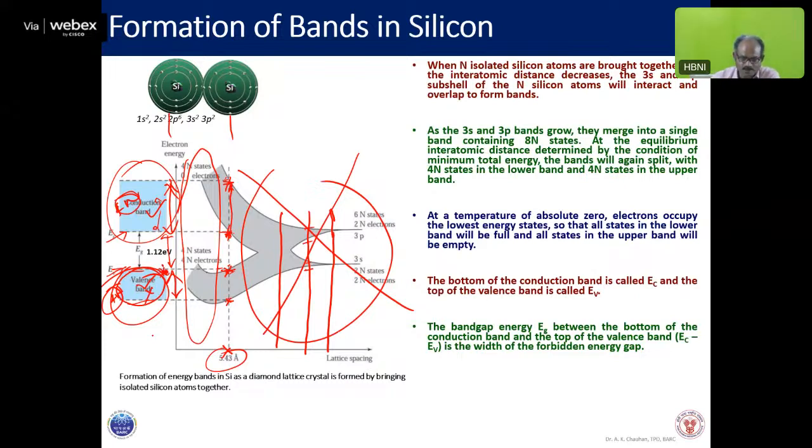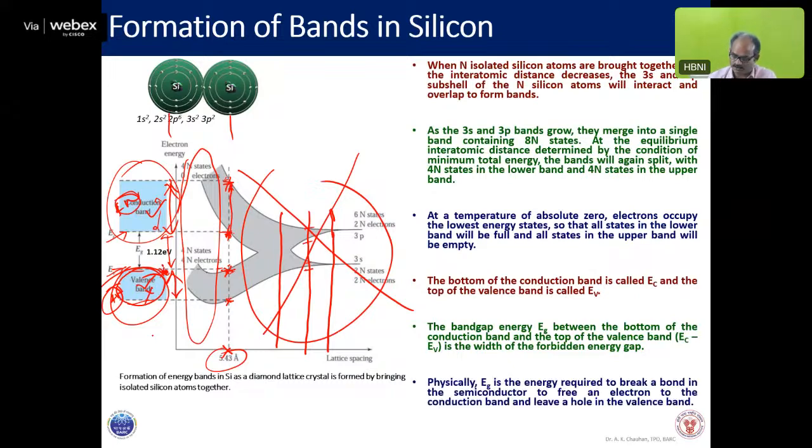One was when we bring those atoms together, bands start to behave differently because of Pauli's exclusion principle. Then when you have n atoms together in a crystalline form, these split and the bands are formed, and these bands are actually the backbone of these properties.